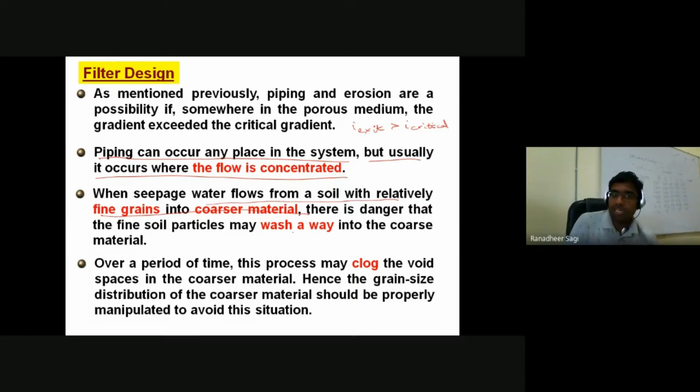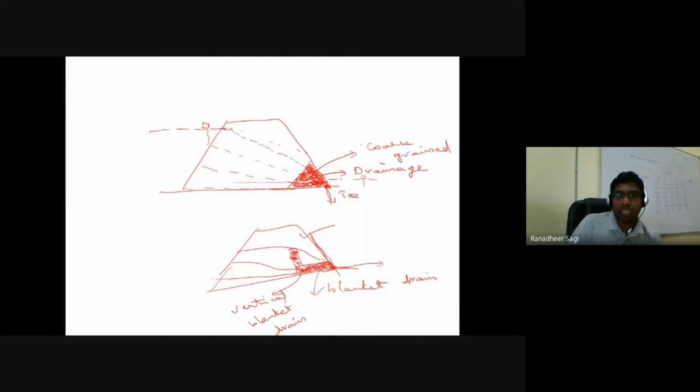This coarser material which I talked about in the previous slide is going to help me in proper drainage. That is nothing but improving the permeability of the soil condition so that water can easily flow into this particular path which I have provided. That is one important thing.